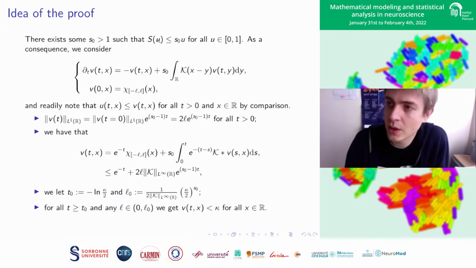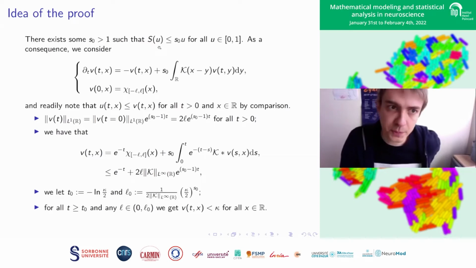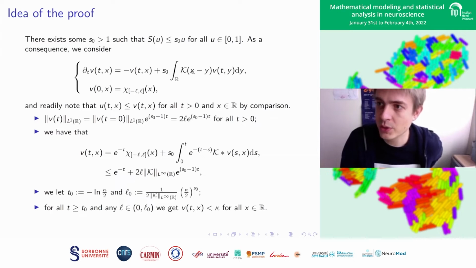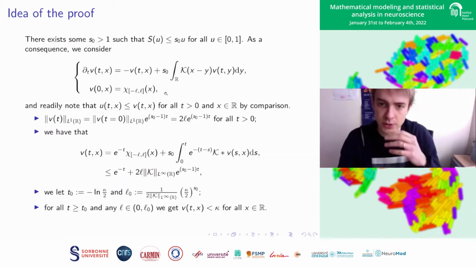Because of the property that S at 0 is 0 and it is smooth, you can always find some constant S naught larger than 1 so that you can bound your nonlinearity by just a linear function. And so instead of working with the nonlinear problem, you can work with this problem, which will create a super solution for your problem that will bound your solution from above.